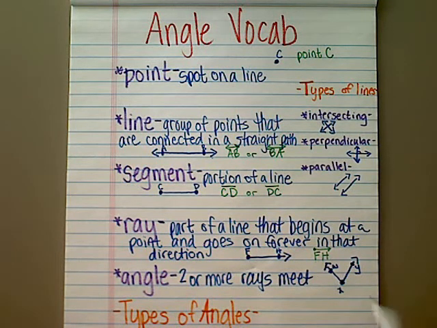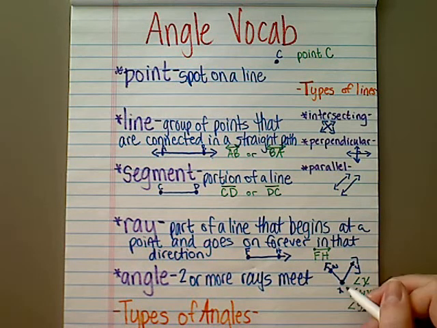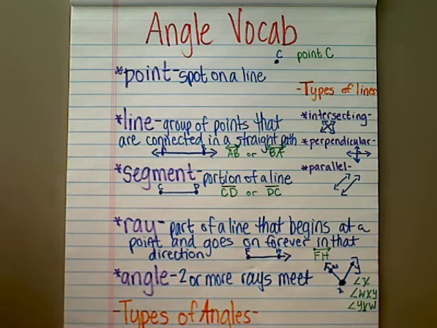And since there are no other points and angles around the vertex X, then we could name this angle X as well. It is important that we always name the angle with the vertex as the middle point when we are using all three letters. And the vertex again is that point right here where the two rays meet.